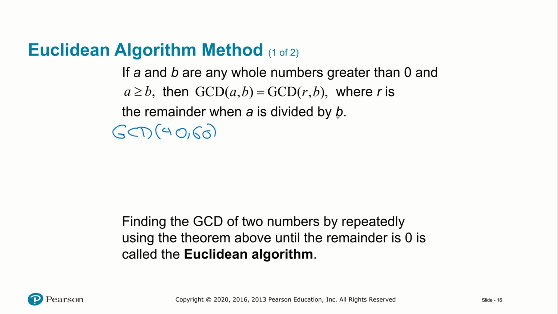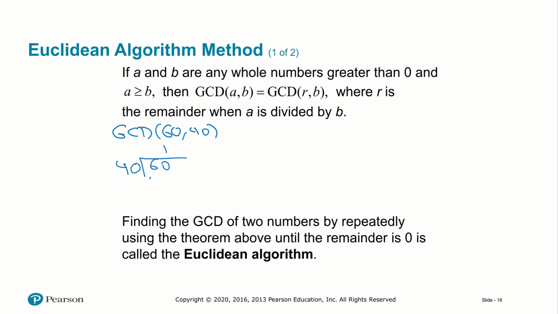Let's put it in the same format to be consistent. We'll put the number A, which is larger, first, and then the smaller number second, just to be consistent with that statement of the theorem. So what we're going to do is divide the larger number, 60, by 40.